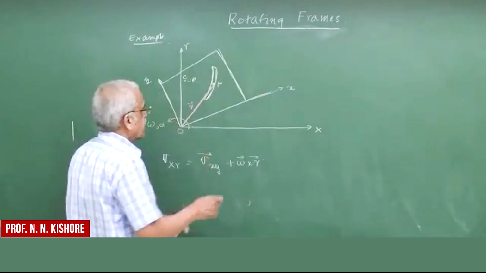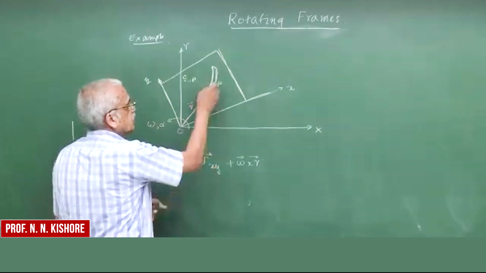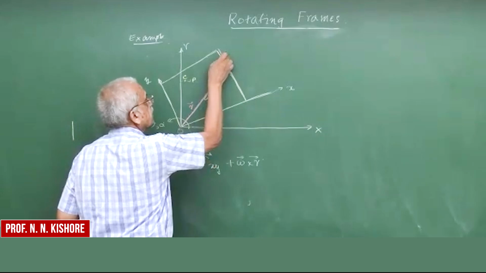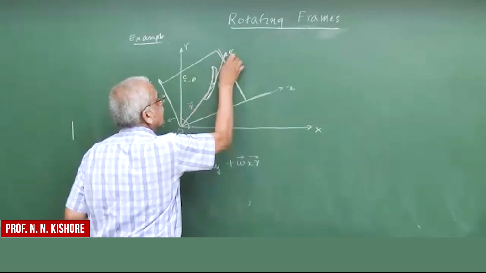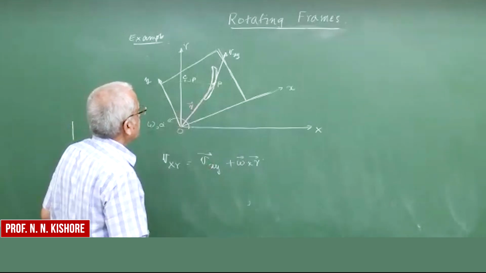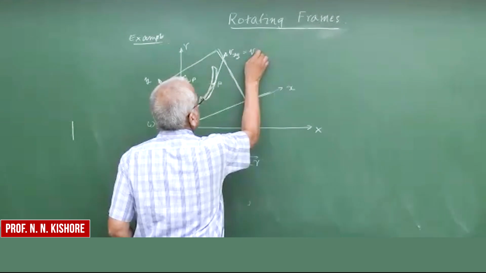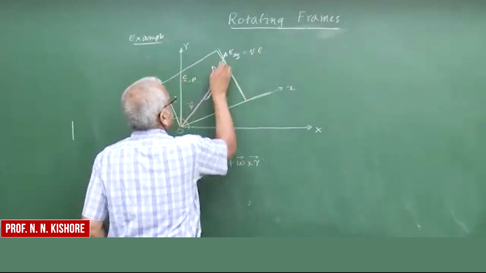So the components here are the velocity Vxy. The velocity Vxy is along the tangent, in the small frame. So we can even say that it is V times, what is the direction?